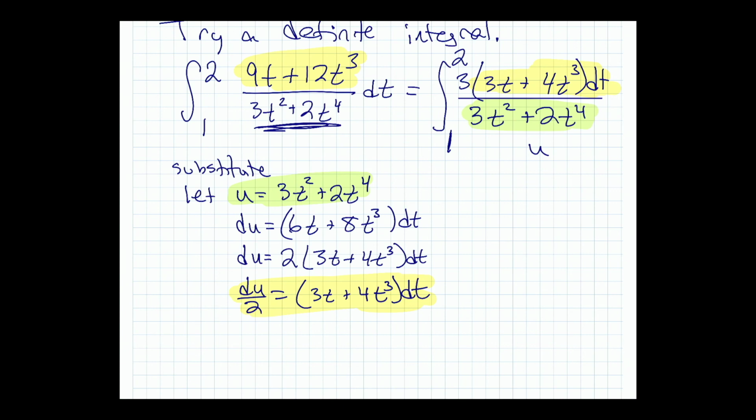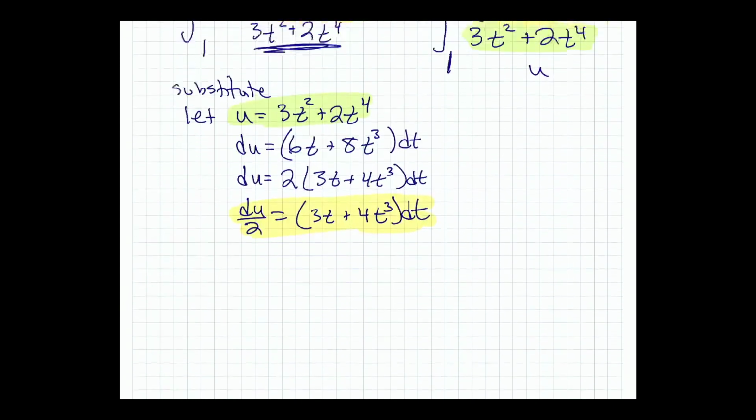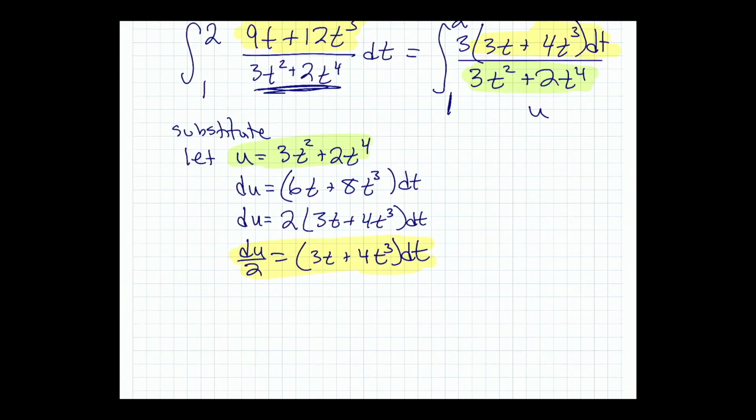So I'm going to rewrite this integral here. I'm going to be careful here. I'm going to say t equals 1 to t equals 2. Because those are not the limits for u, they're the limits for t. And let's try to make the substitution. So we have 3 times, and then the highlighted part in yellow is du over 2.